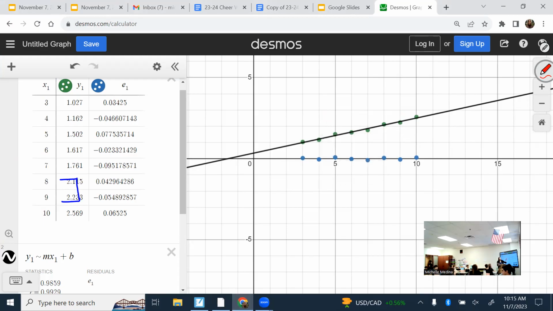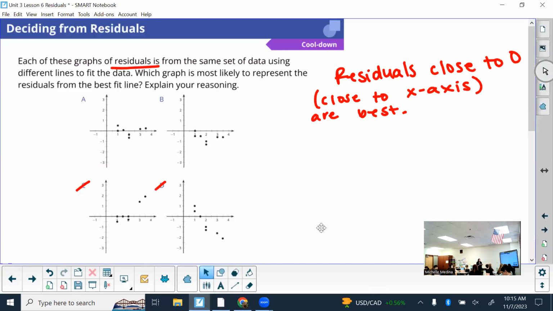A line of best fit goes through the middle of your data. So that means that you would have some residuals that are positive, some that are negative if it's for the best fit line. Which one shows that, A or B? With some positive residuals and some negative residuals.